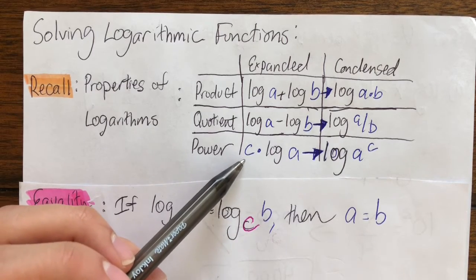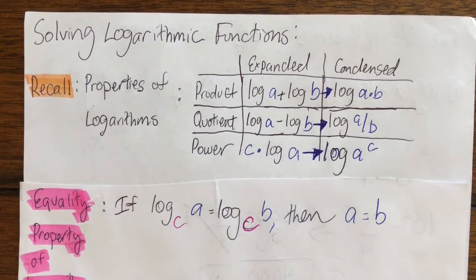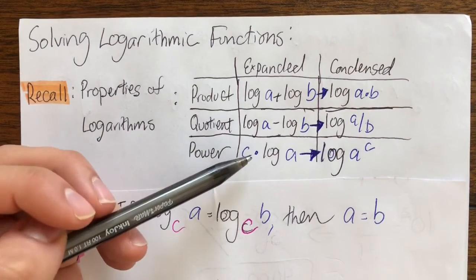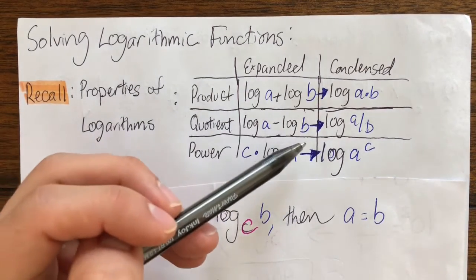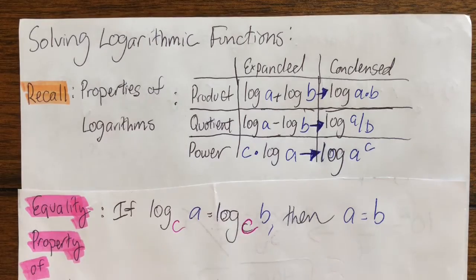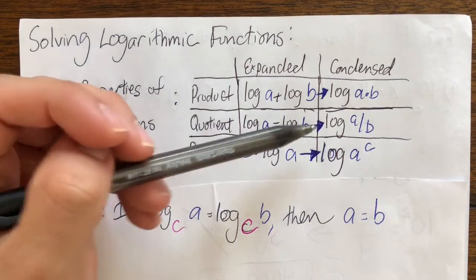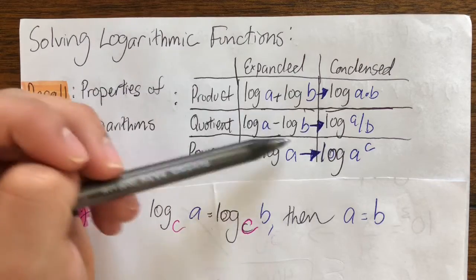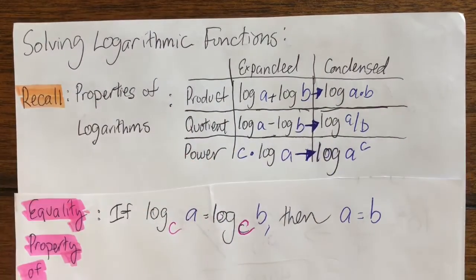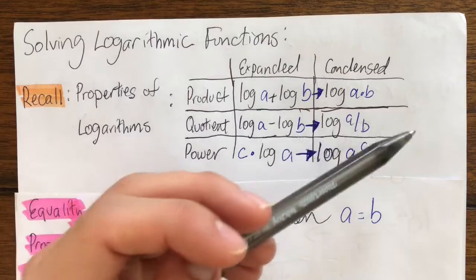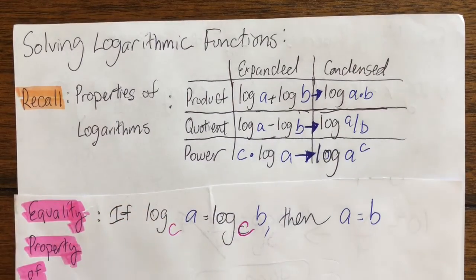If we want to condense it, meaning clean it all up, the number in front has to go in back of the log, where it turns into an exponent. So what we want to do is go from the expanded to the condensed version for any one of the properties.